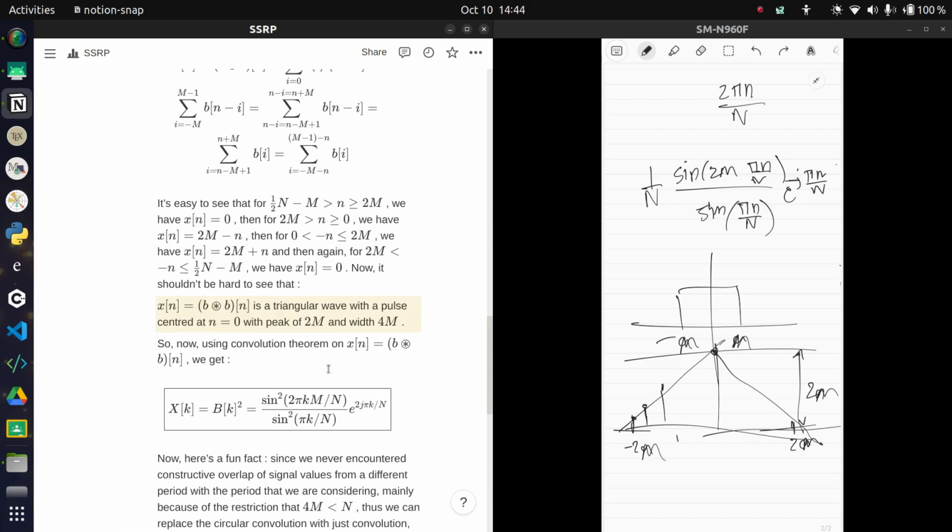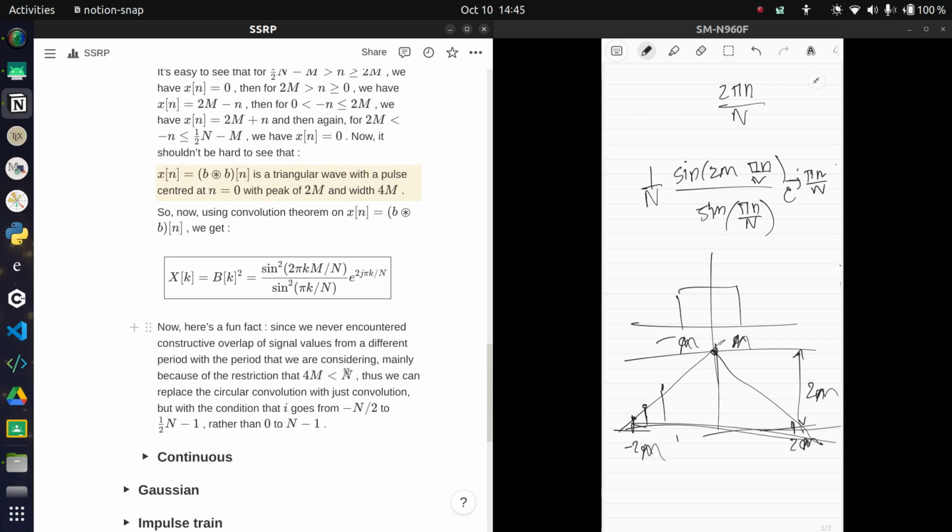Of course, for this to be the appearance, there should be no aliasing in the convolution. It is kind of hard to explain. The condition we put is that 4m is less than n.